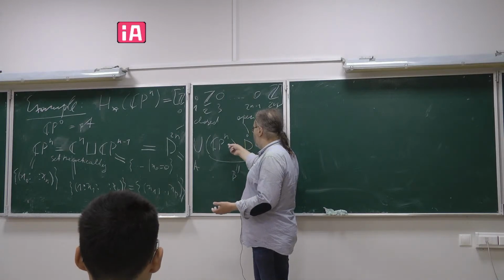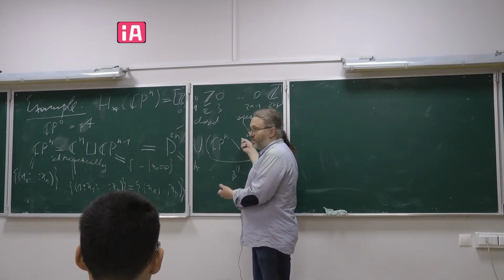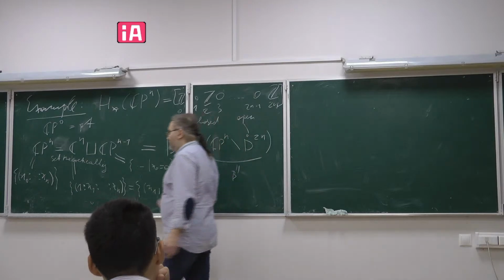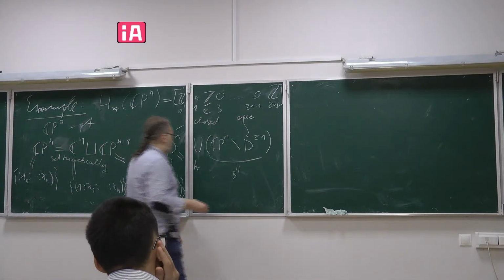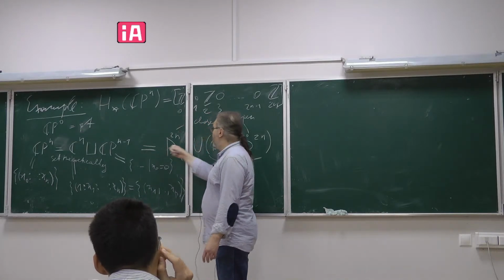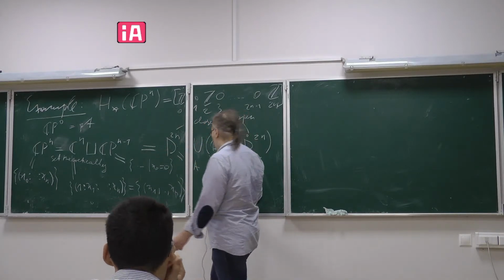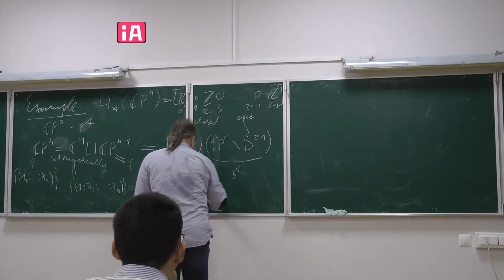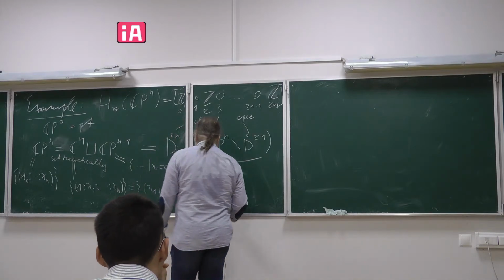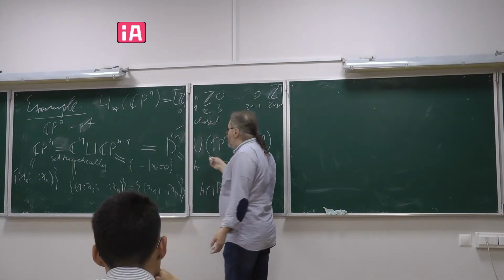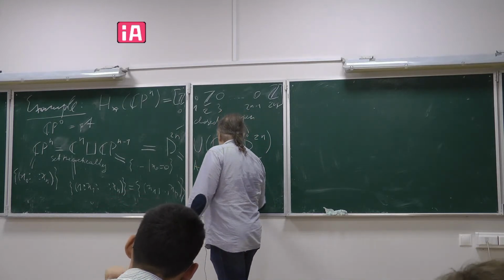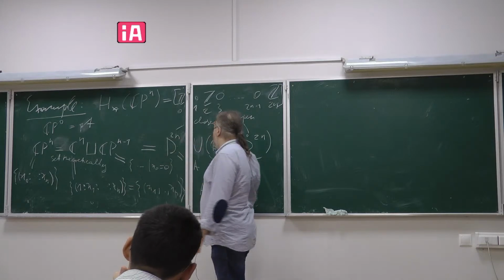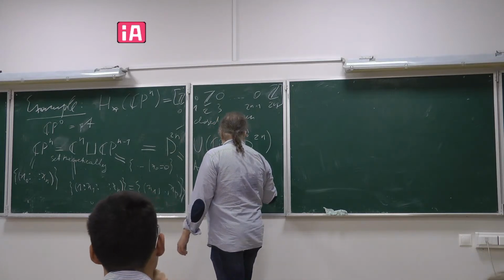But if it's outside the closed unit disk, it's definitely outside the open unit disk. Now, what's the intersection? So let's call this A, and let's call this B. What's the intersection? Well, the intersection is the boundary, S^(2n-1).